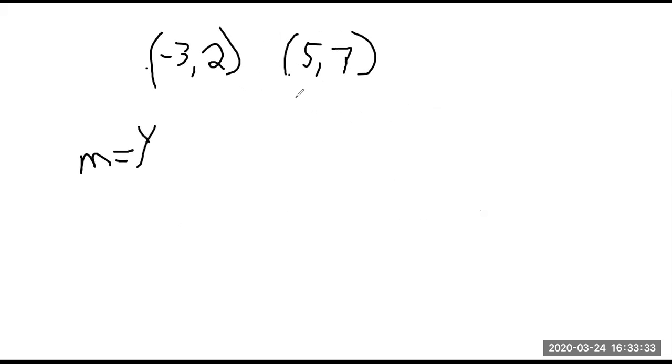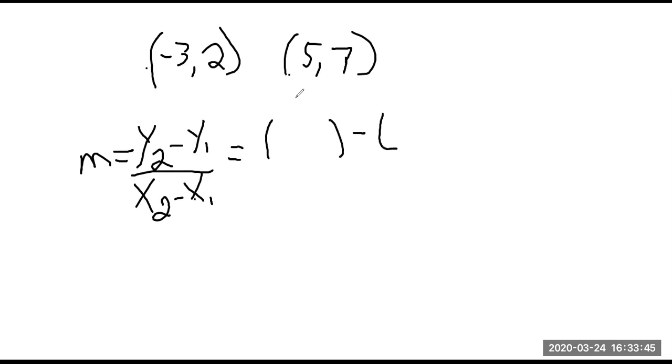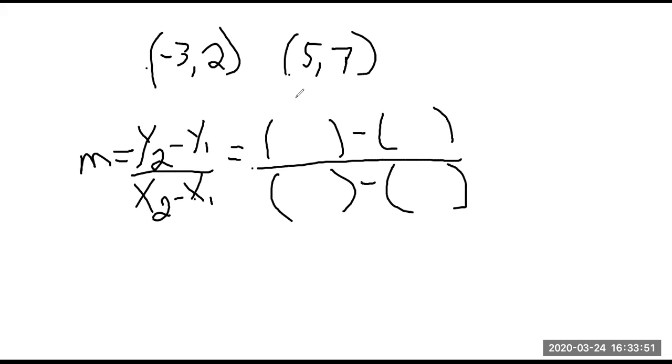This is the formula. Now notice they have minus signs to start with. Here's what I like to do. I like to put my parentheses, I put the minus sign in between them, and then I'll put the numbers from the point in the parentheses.